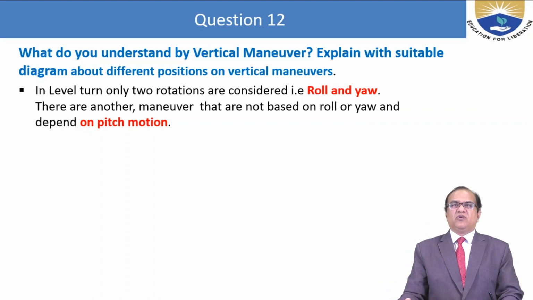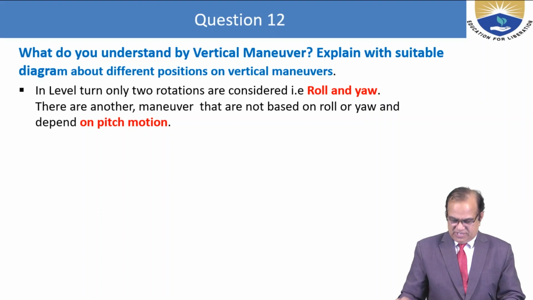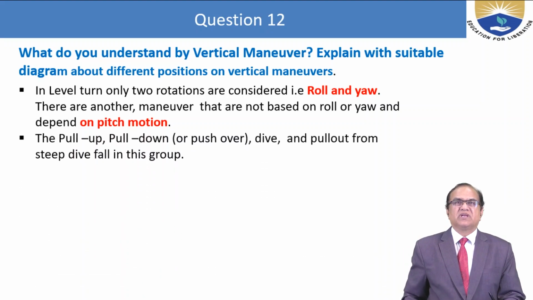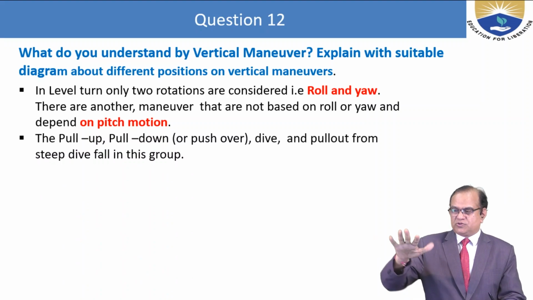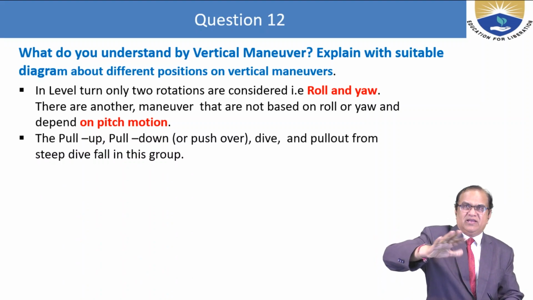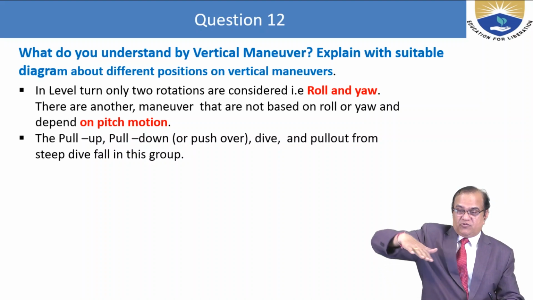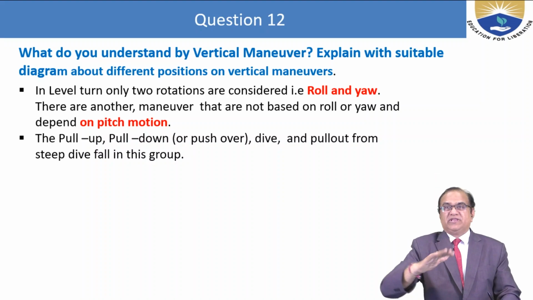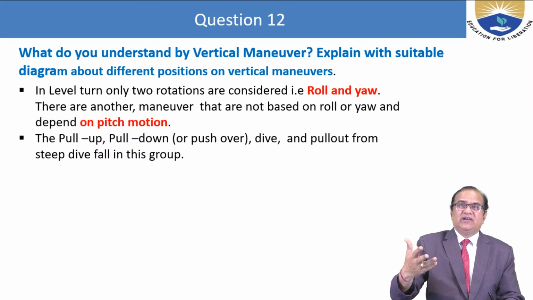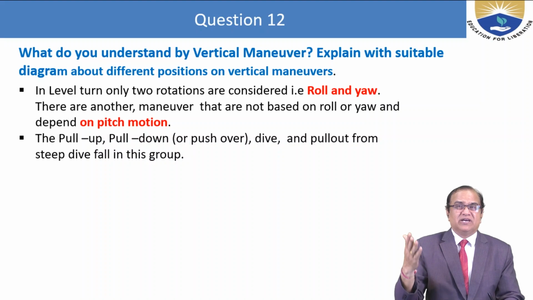There are other maneuvers that are not based on roll and yaw and depend upon the pitch motion. That is called the pull up, pull down. So if you want to turn the aircraft, you have to roll and turn, meaning bank angle phi and the yaw angle. But if you want to make a pull up, then you have to use another control for the pull up or the pull down.